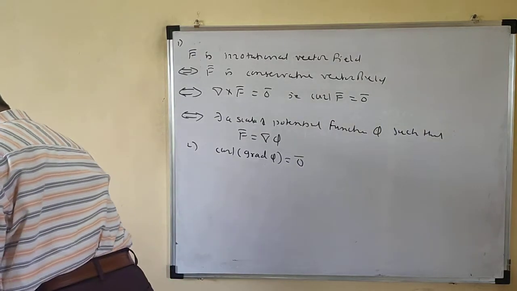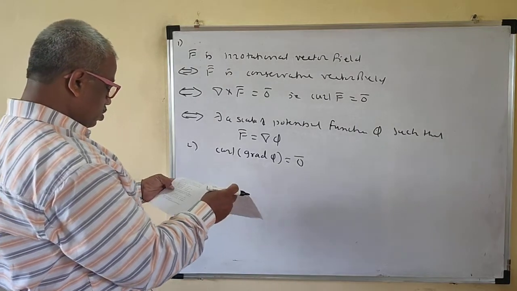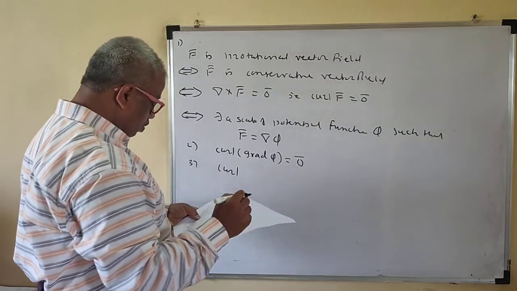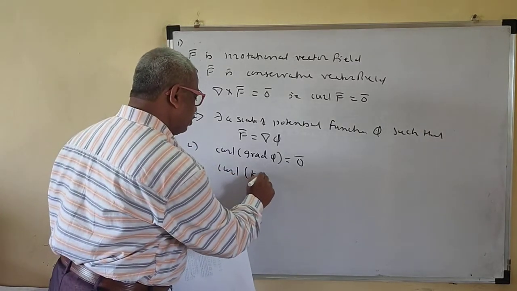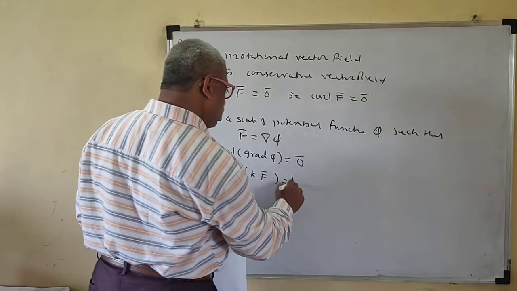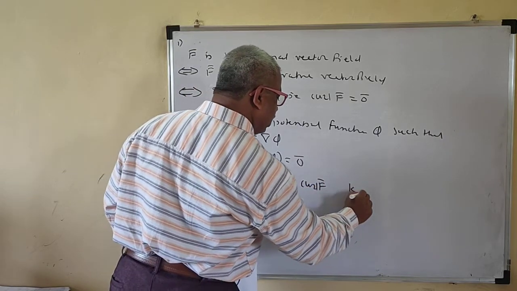Now curl of k F bar, where k is a constant. K is a scalar. So this is k curl F bar.